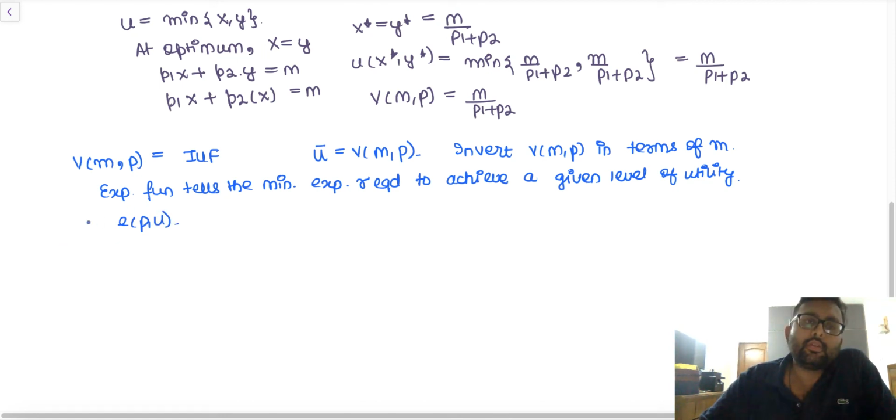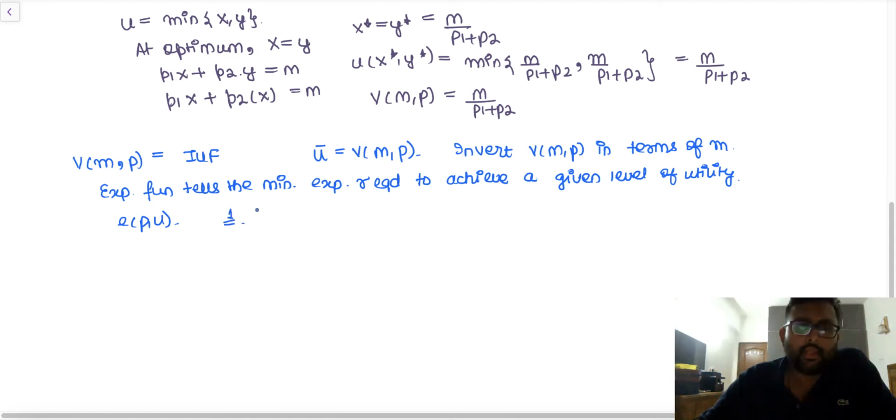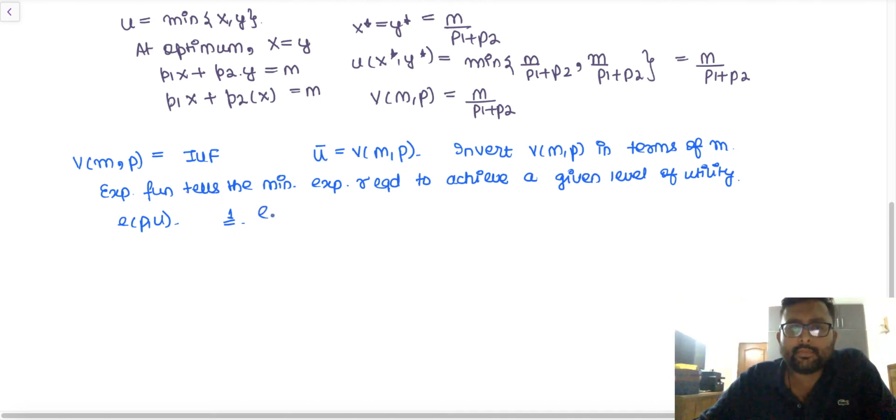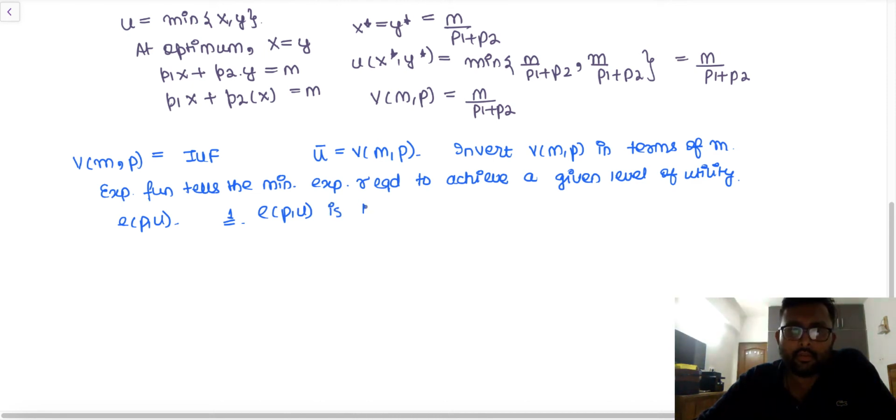Now, it also has certain properties. One: when prices increase, what do you think should happen to expenditure? It should also increase. So the expenditure function is increasing, or you can say non-decreasing, in prices. That's one thing.